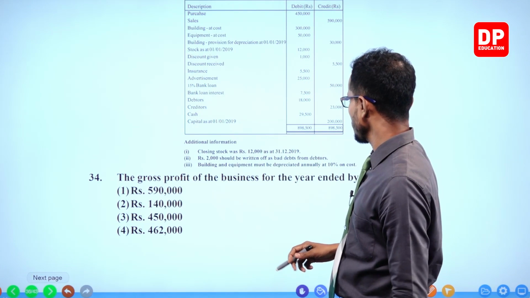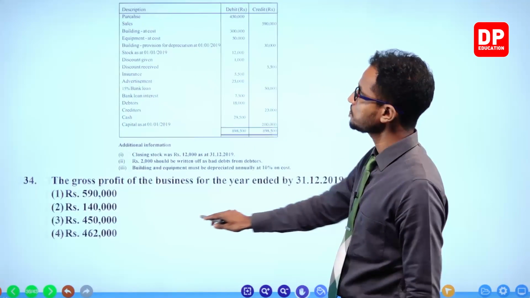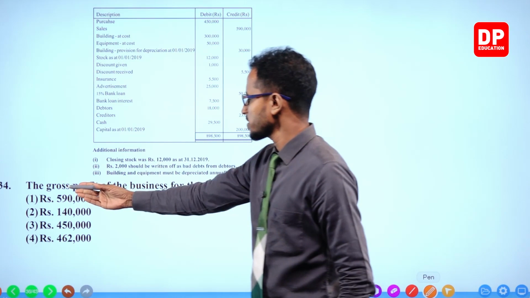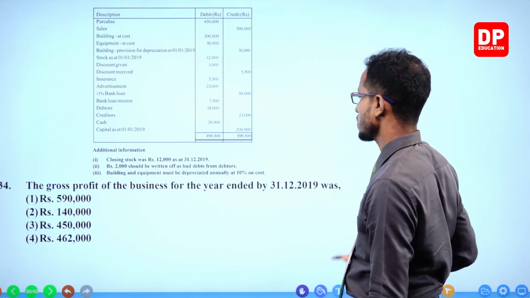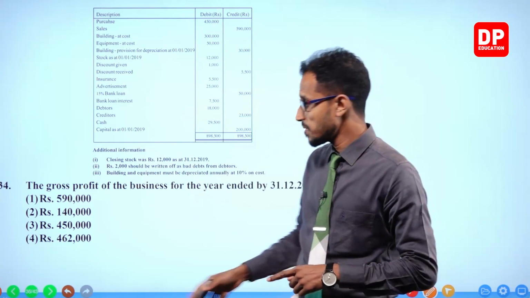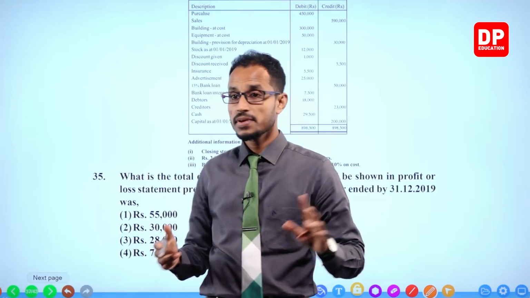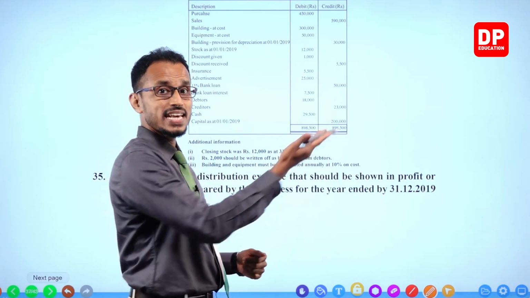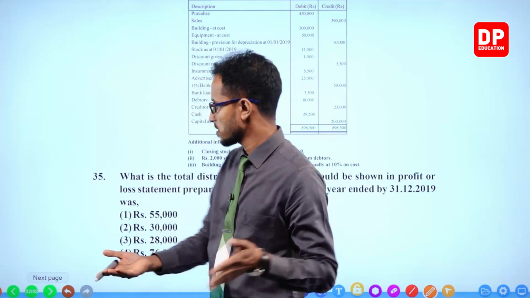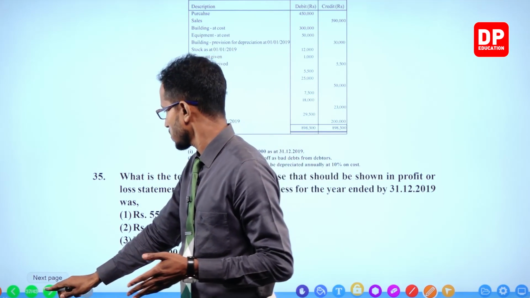34. The gross profit of the business for the year. Guys, we can do in the same slide, the previous slide, because gross profit means sales minus cost of sales.